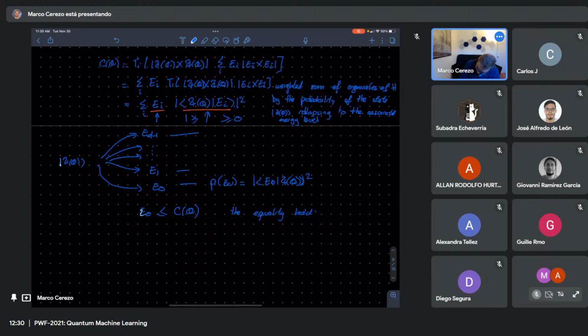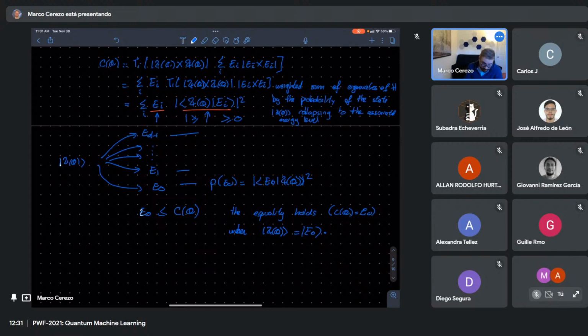That means C of theta equals E0 when my state, psi of theta, is always in the ground state, so it's in the state E0. So this is a faithful cost function. It's minimized, and its minimum value is E0 whenever my state is in the ground state of this Hamiltonian.